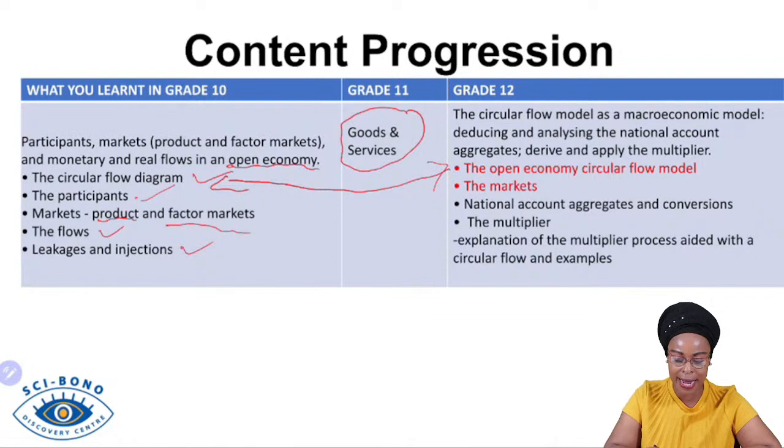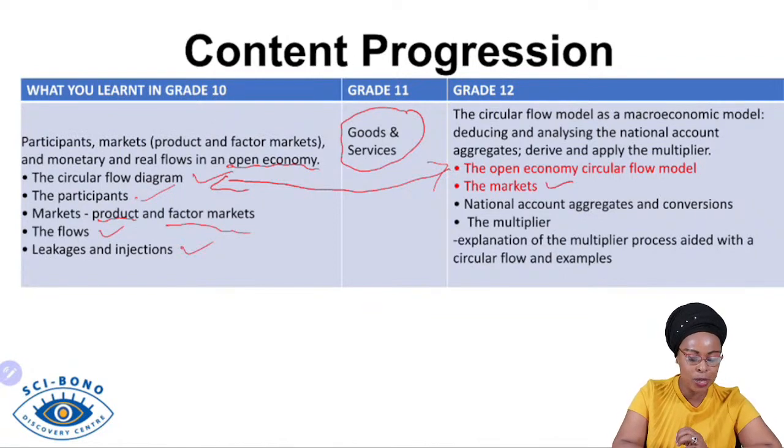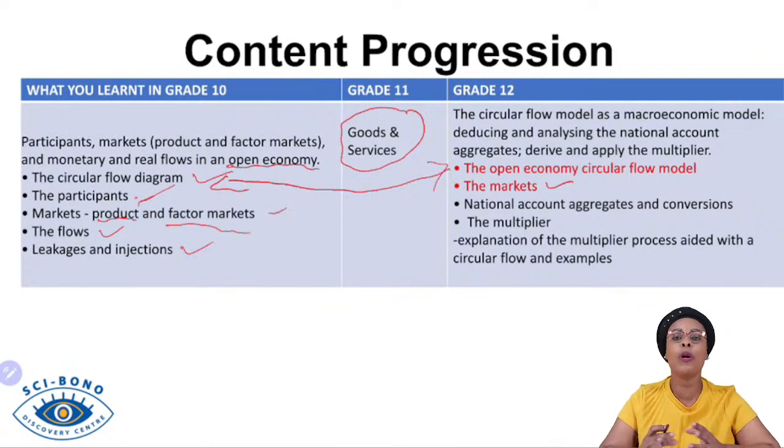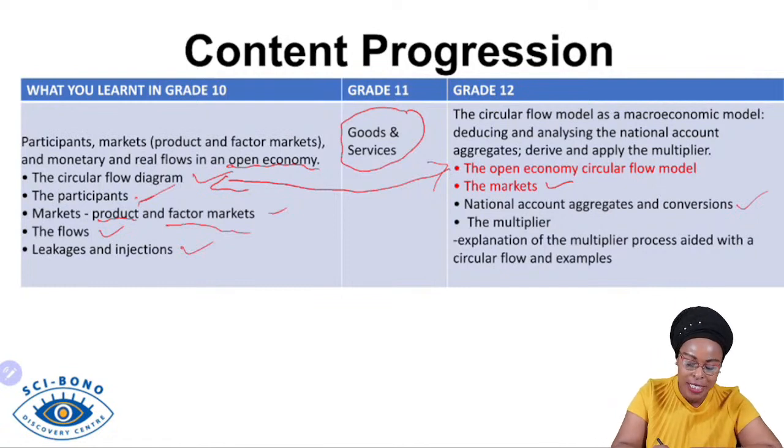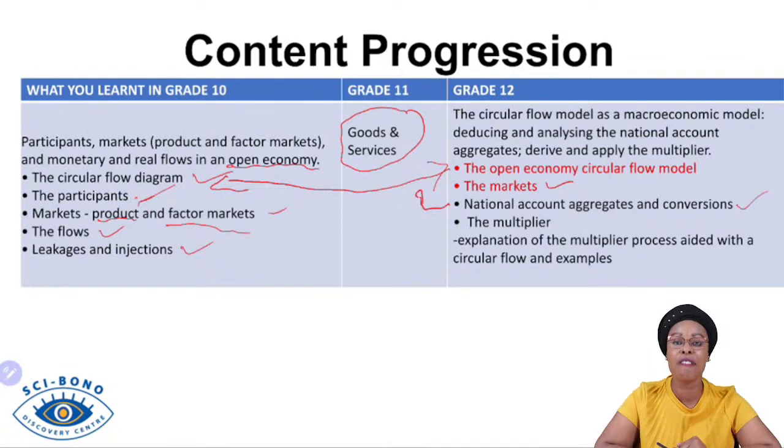You will do the markets, but not only the product market and the factor market. We will also look at other markets, like the financial markets. Then you will also do national account aggregates and conversions, which you did in grade 11. It's a continuation. The new topic added in grade 12 is the multiplier.